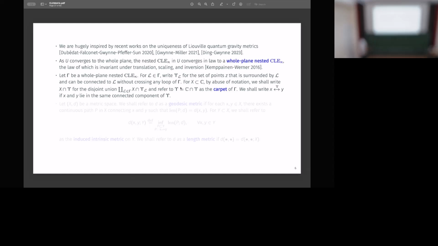For each loop, for example this is L, it corresponds to a component of the carpet, which is defined to be this part, which is just the points surrounded by L but not surrounded by any loops inside. So this is the component corresponding to L.